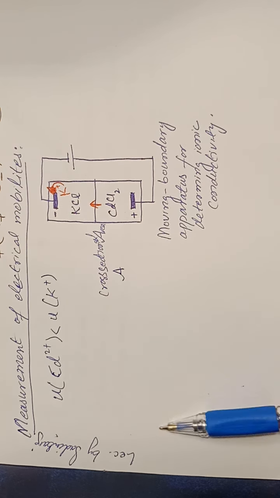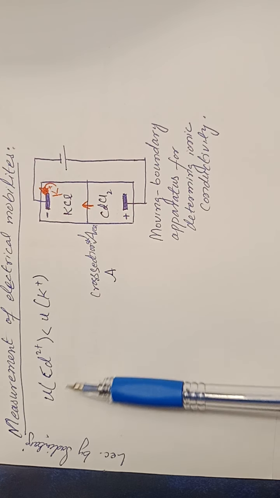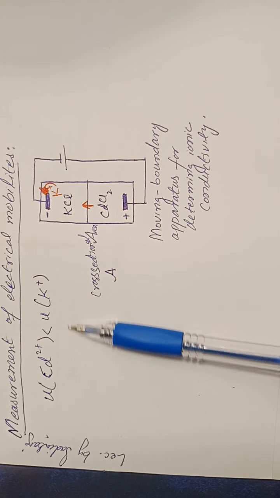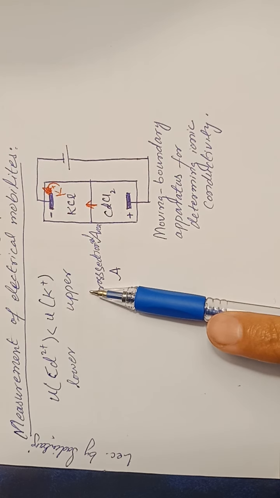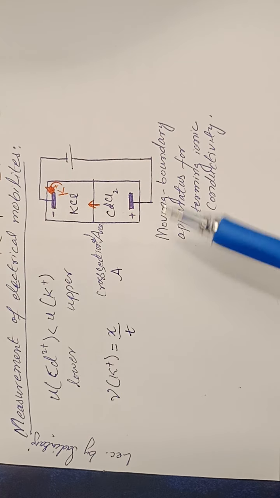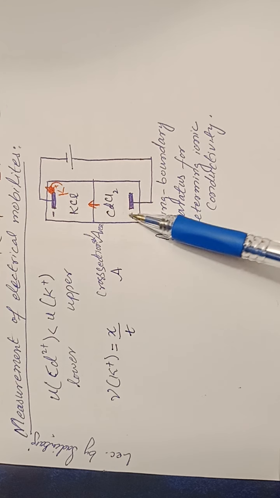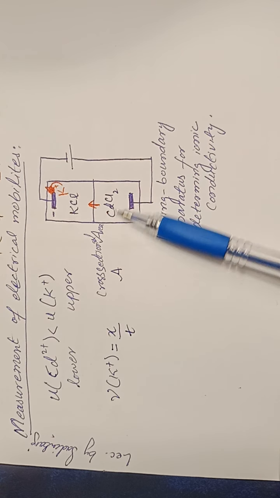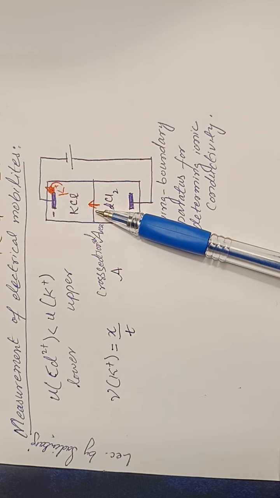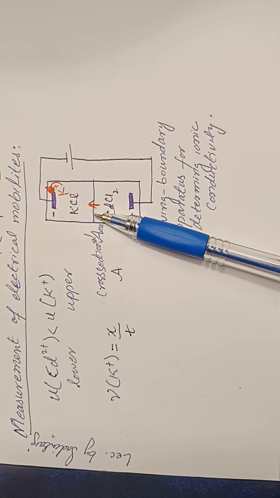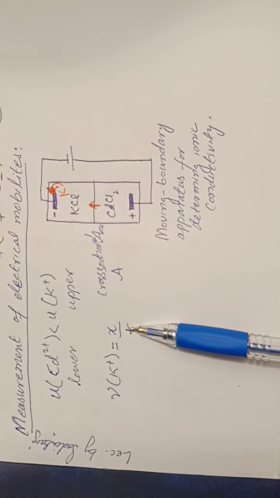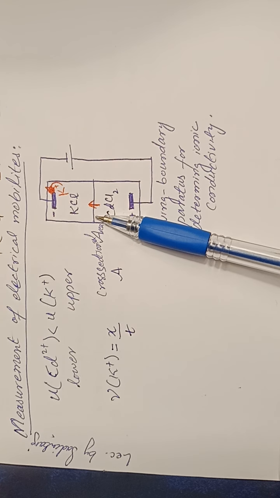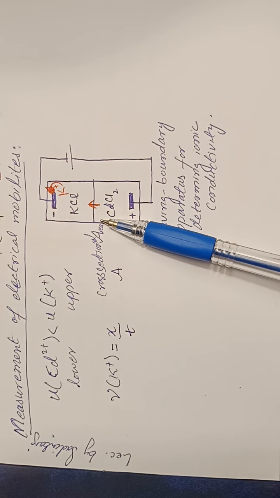As in this case, the electric mobility of the cadmium solution is lower than the potassium, which is the upper solution. The speed of the potassium ions' migration is determined by the movement of this boundary with respect to time, and the movement of this boundary can be easily measured using the refractometer.